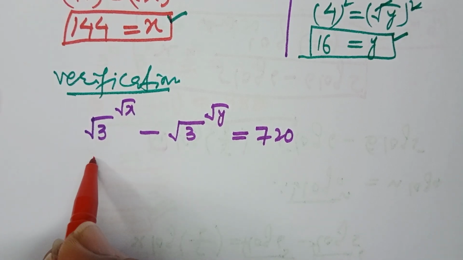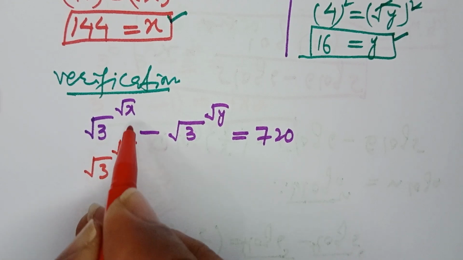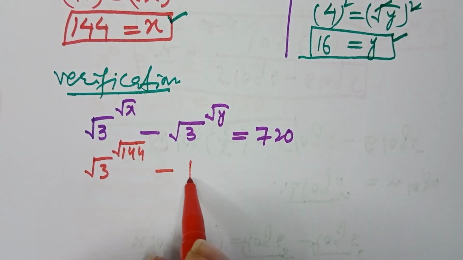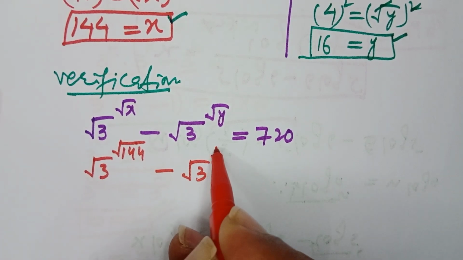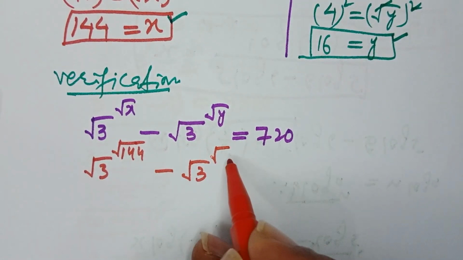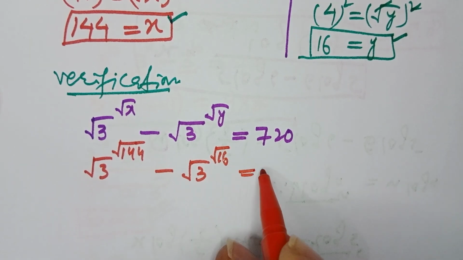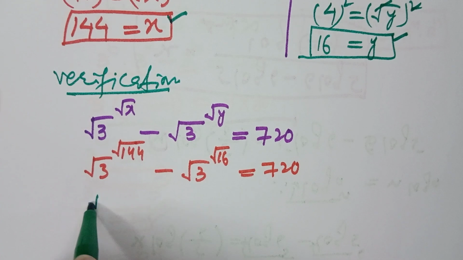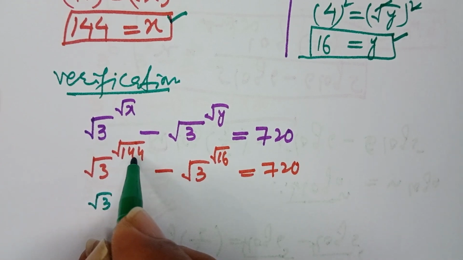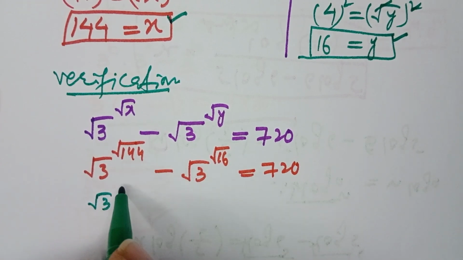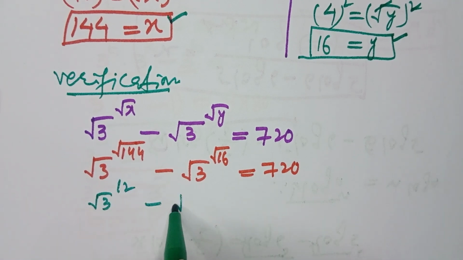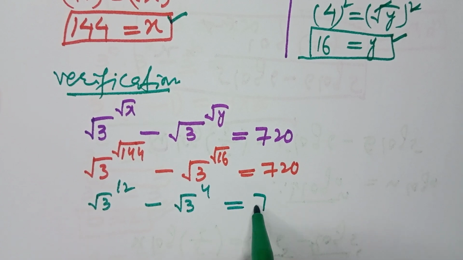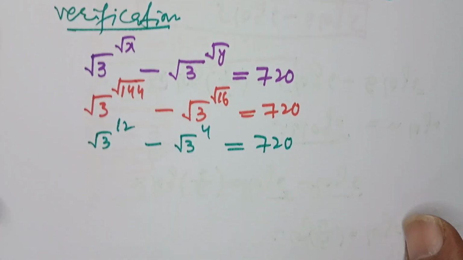So here, square root of 3 power square root of 144 minus square root of 3 power square root of 16 is equal to 720. Now square root of 144 is 12 and square root of 16 is 4.